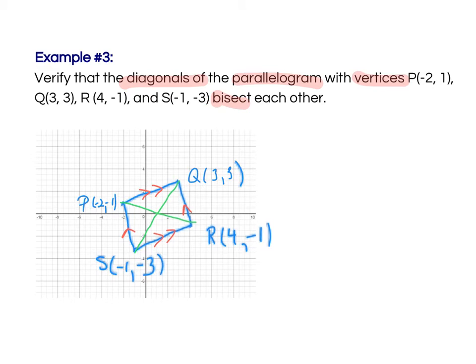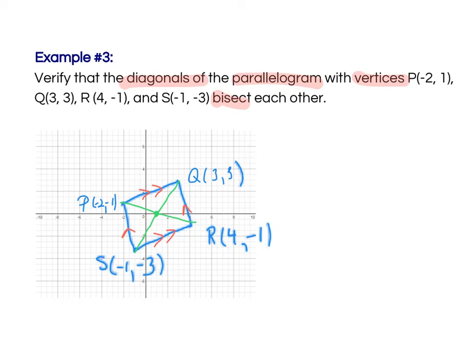And so again, let's not rely on our Cartesian plane. Let's actually rely on some analytic geometry, and we know that they're going to bisect each other if that point of intersection right there happens to be the same coordinate. So let's do that.